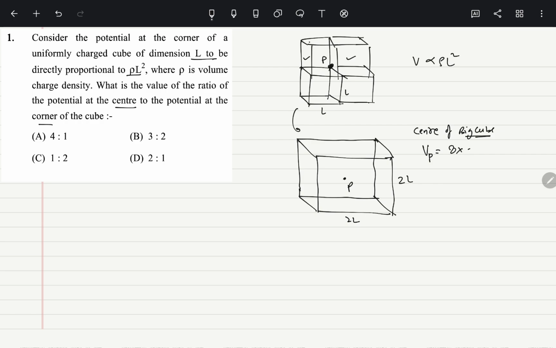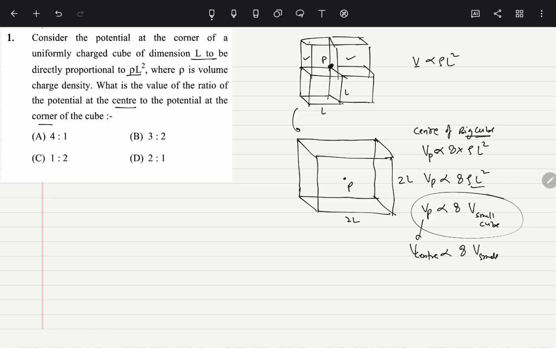So VP is directly proportional to 8 rho L square, which is 8 times the potential due to a small cube. So this is the potential at the center, that's what we need to find. The potential at the center is 8 times V small cube.